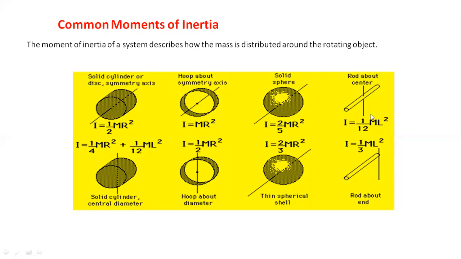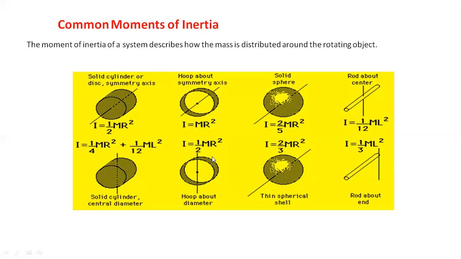This equation we have derived previously. For a solid cylinder, if the axis is through the central diameter, we have the equation I is equal to 1 by 4 mr square plus 1 by 12 ml square. Considering the object is like a hoop, and the axis is through the diameter, then we can derive the equation I is equal to 1 by 2 of mr square.